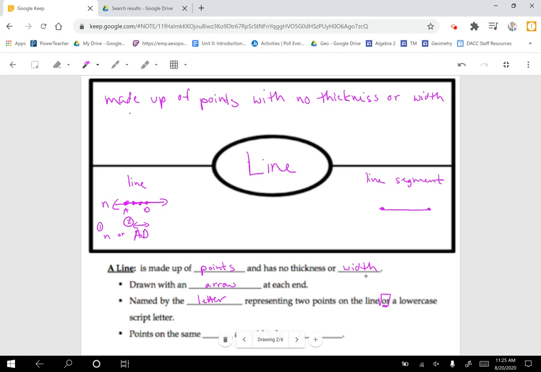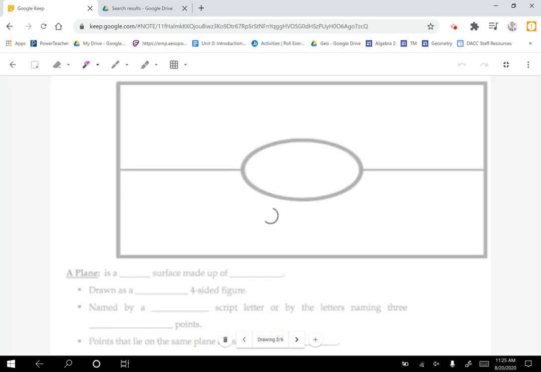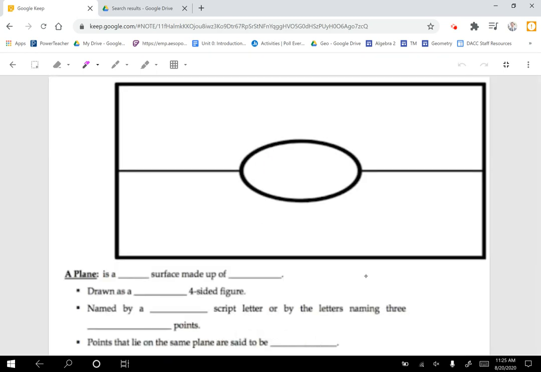Points on the same line are said to be collinear. Okay, so A and D are collinear, and I'll write that there. Awesome. All right, let's keep going. Next one is plane.